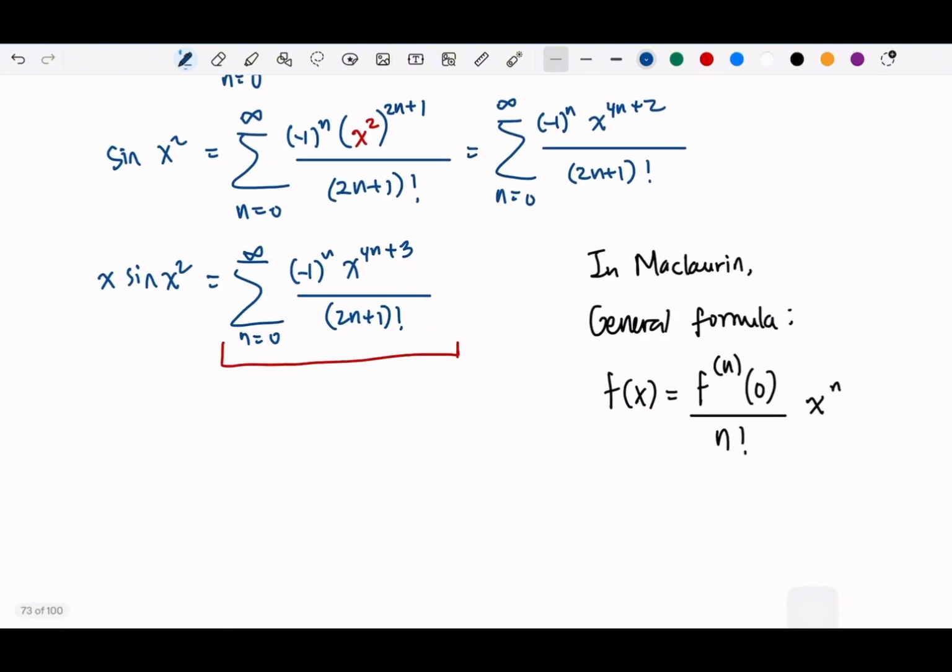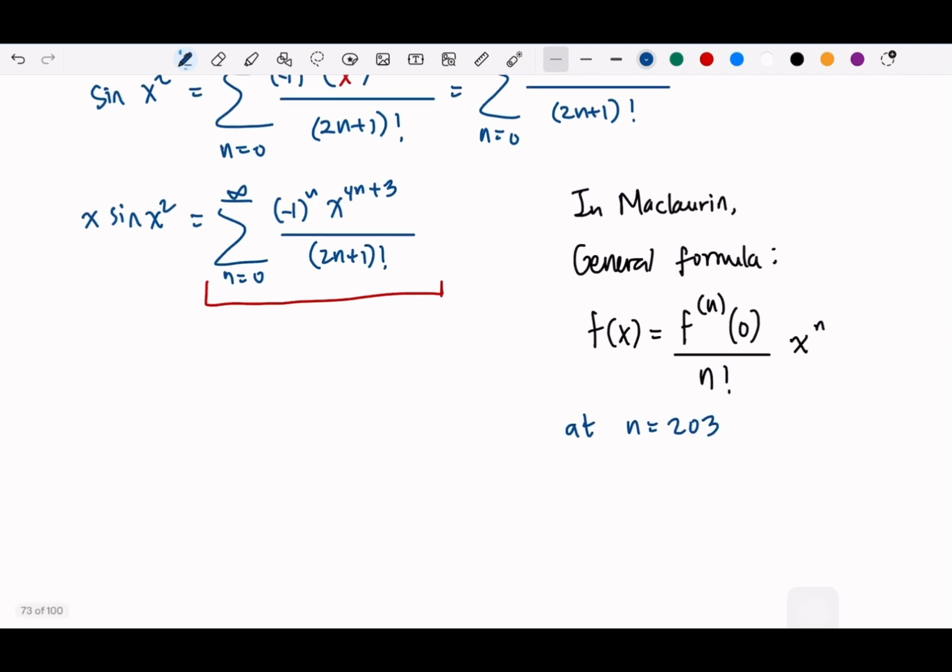Now, at k equal 203, this formulation becomes, let me just write here, this will give you the 203rd derivative at 0, over 203 factorial, and x with power of 203.